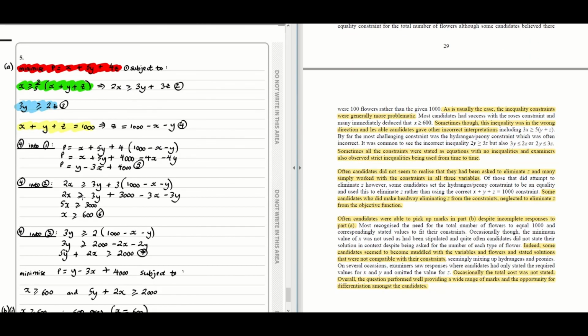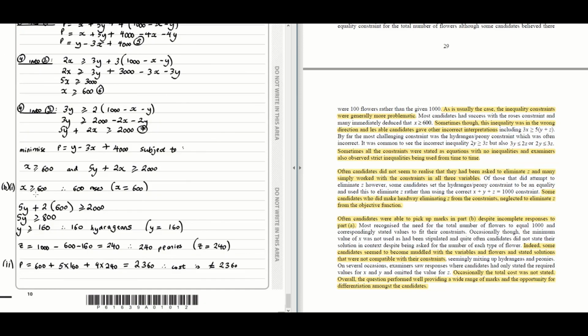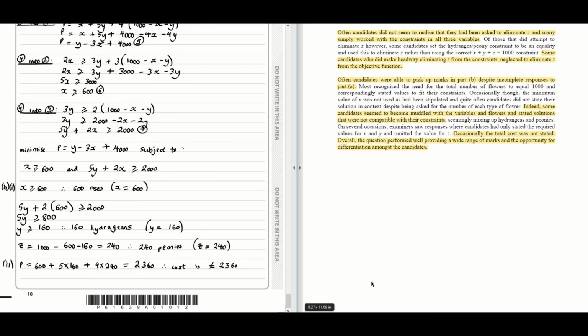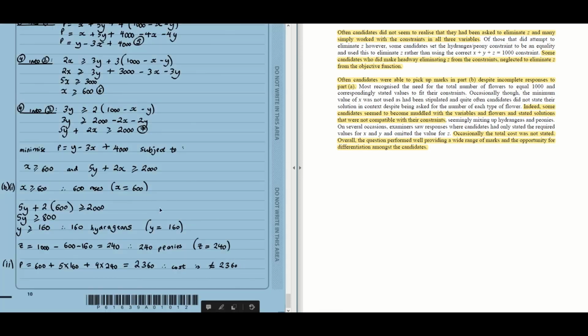Candidates were able to pick up marks in part B despite making mistakes in part A, which was good. Obviously you have to remember that the total number of flowers adds up to 1000, and then for the final part, the total cost was not stated often, which was a bit of a letdown, but overall this question was done pretty well.